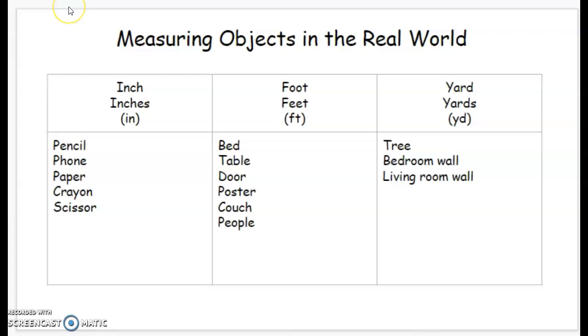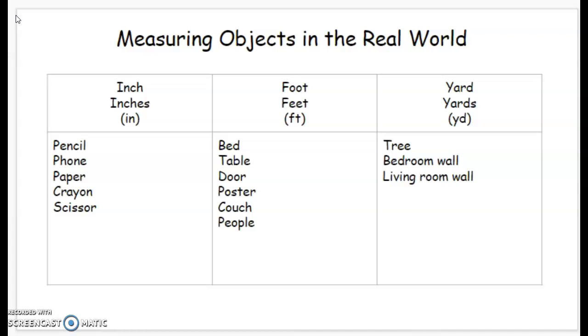Then I have on this page measuring objects in the real world. So we have the inches, the feet, and the yards. So I just put some objects that you would measure, like a pencil, you would want to measure in inches, a phone, paper, a crayon, or a scissor.